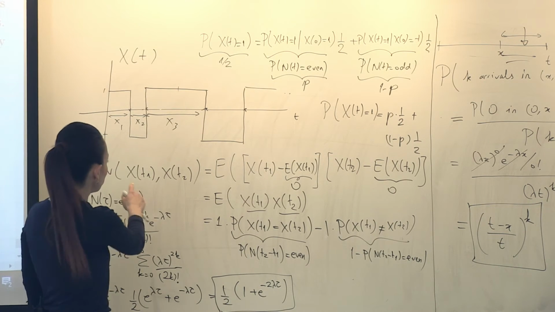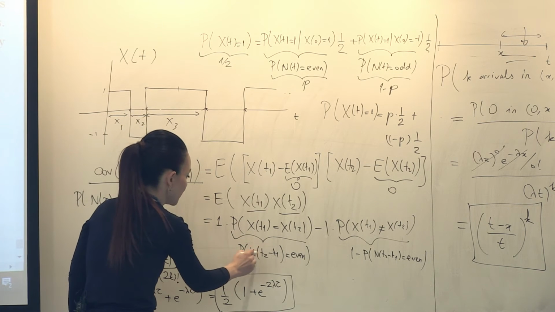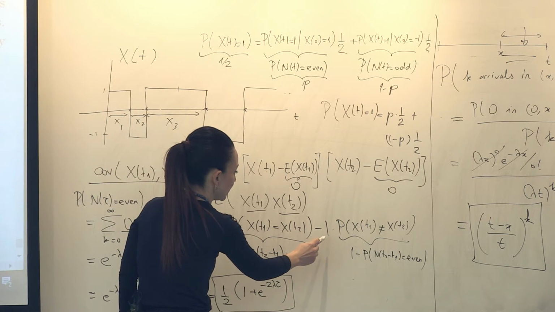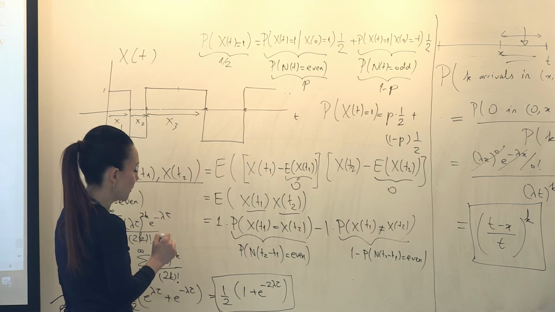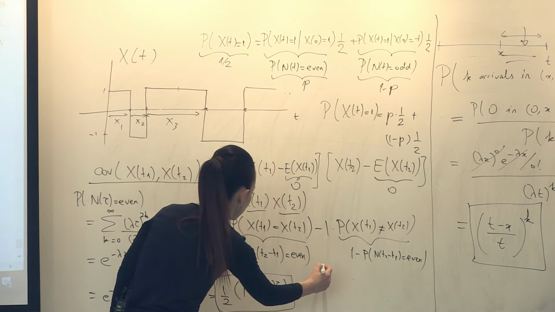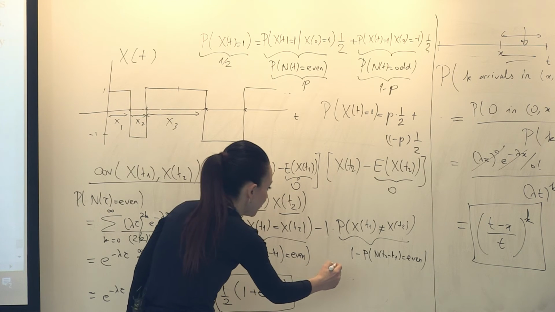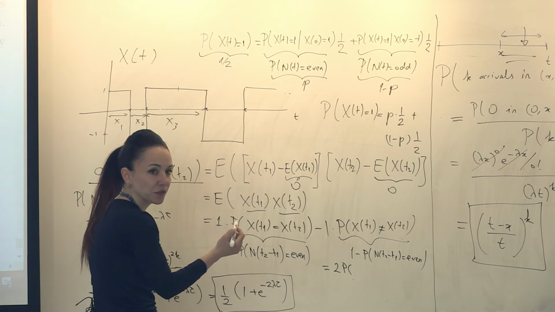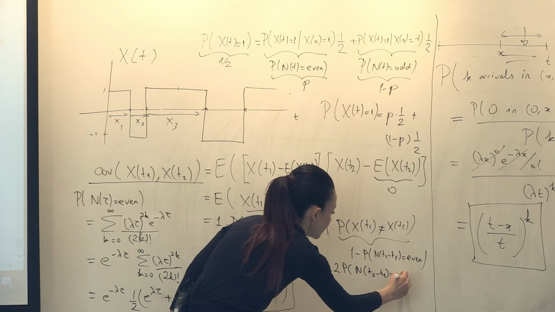So then let's return to the covariance. The covariance turns out to be 1 times the probability that n of t2 minus t1 is even, minus 1 minus the same thing. So I can express that maybe as twice the probability that n of t2 minus t1 is even, minus 1.